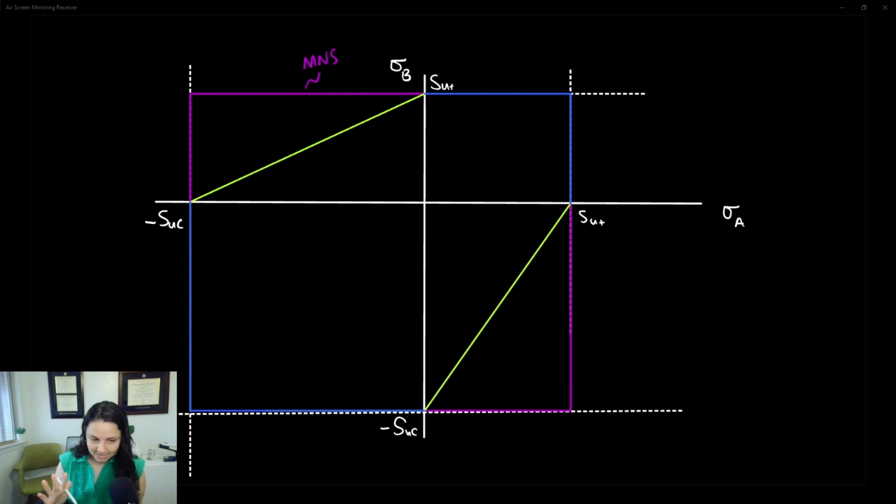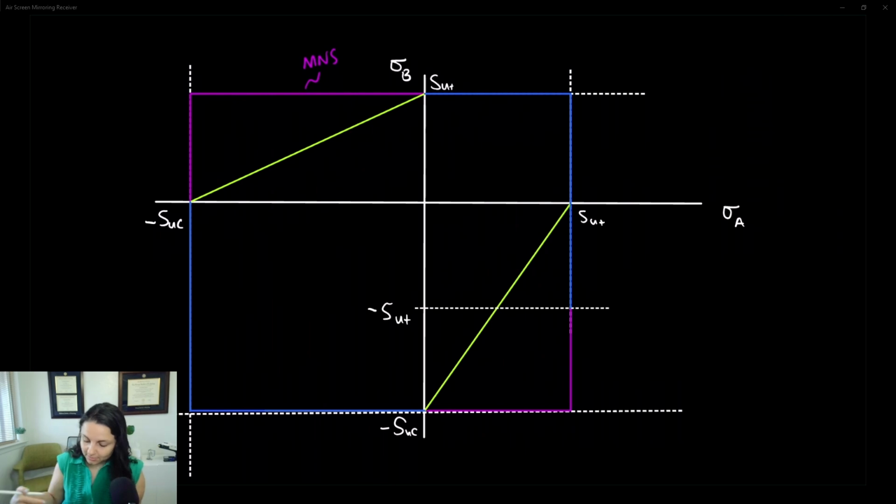Sorry about that, but I think this is going to help everything make a little more sense. As I was saying, we need to find where SUT is on our negative y-axis. So let's draw a line about here, and this is at negative SUT. At this point, our modified Mohr theory is still the same as the maximum normal stress theory.